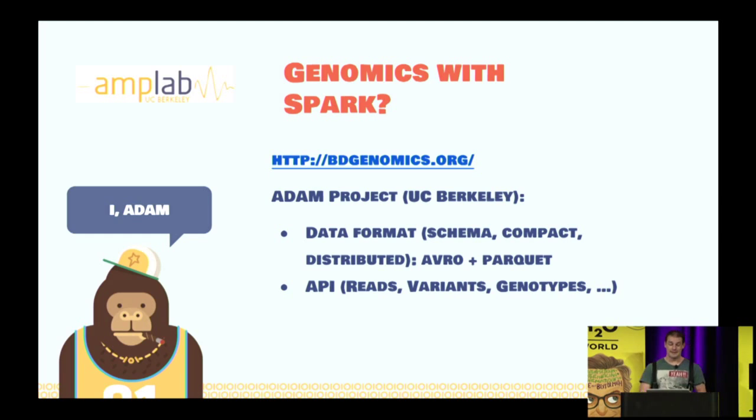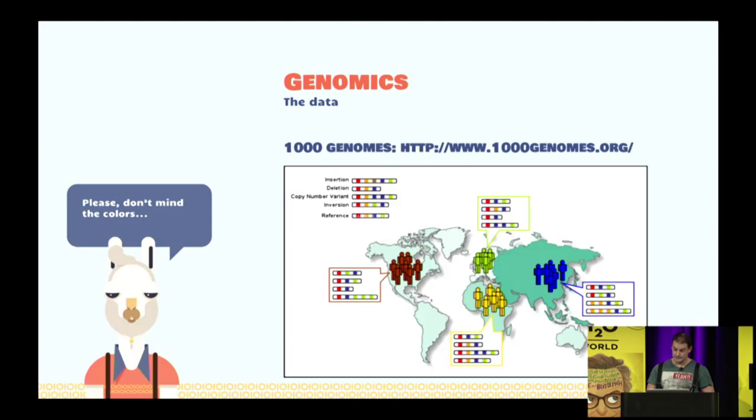To do that, schema is key, and so the technology they use is Avro to define the schema and Parquet to store the data in a distributed fashion, and of course they provide APIs, so definitions of objects and interesting methods to manipulate this genomic data.